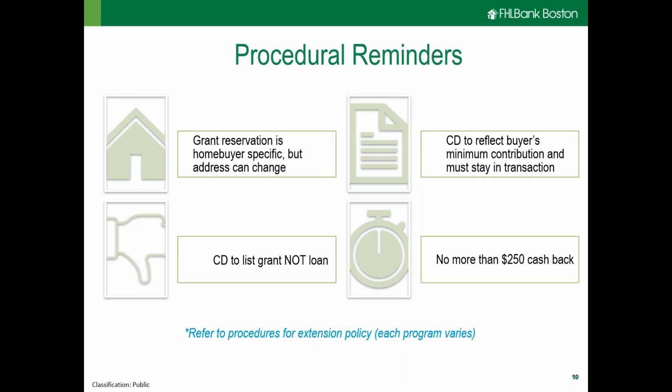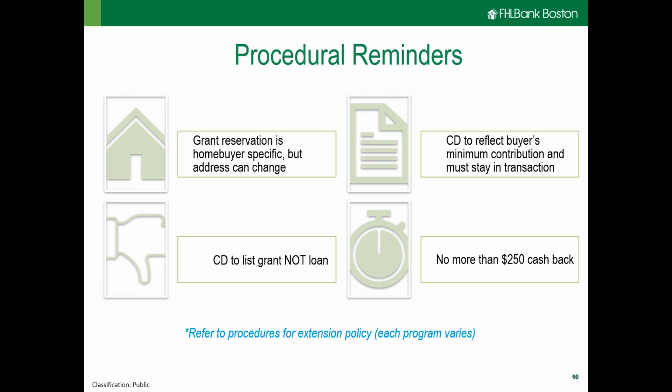Refer to our procedures for our extension policies. So for our programs, it's supposed to be 90 days from the day that we approve your enrollment for that buyer to close and submit the disbursement. If for some reason you need to request extensions for circumstances that may include if it's a new construction, maybe there's unclear title, maybe there's some information on your underwriting that you need a little bit more time.